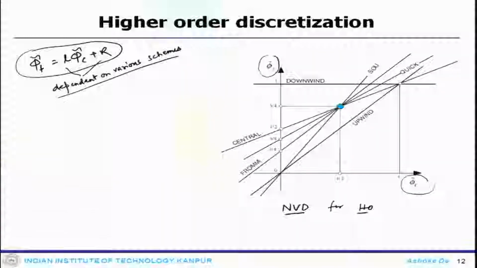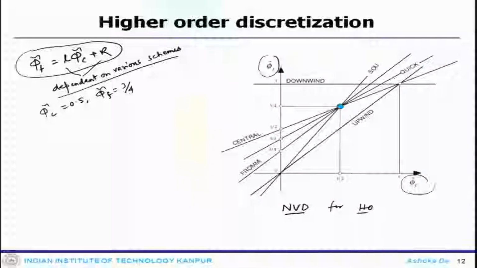So, here is your upwind scheme, this is your central scheme, this line is the QUICK scheme, this is the FROMM scheme, this is the second order upwind scheme, and this is the downwind scheme. All the schemes get a flat straight line, and the meeting point for phi c tilde is half and phi f tilde is 3/4.